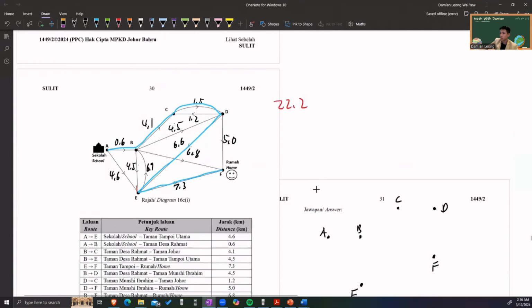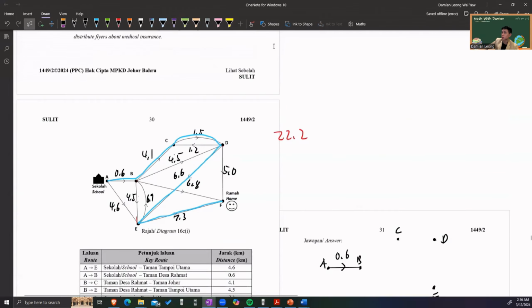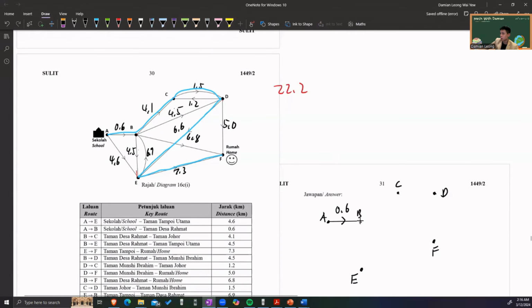So I draw accordingly. AB 0.6, BC 4.1, CD 1.5, DE 6.6, and EF 7.3.